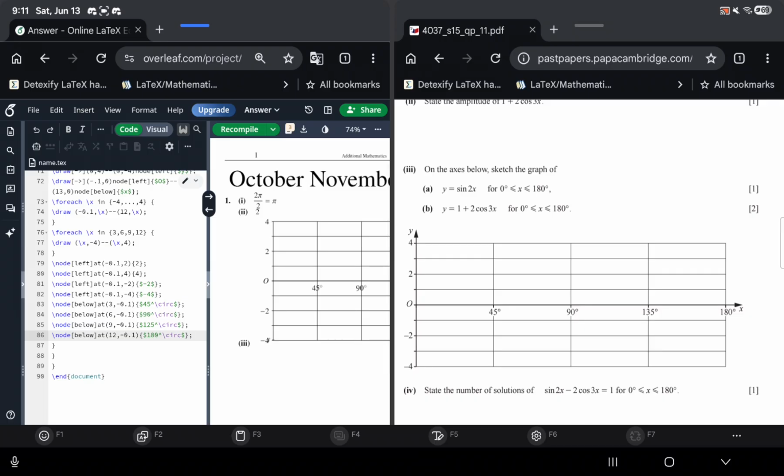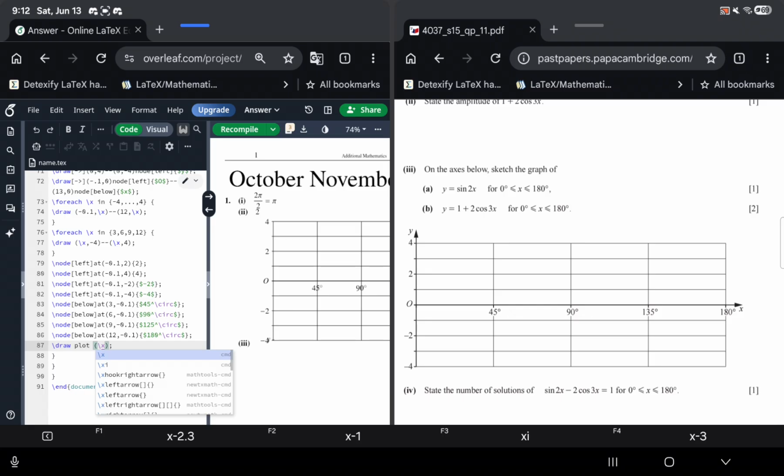Nice. Now we need to plot these two functions from 0 to 180, and I guess I will use the plot function. What do you mean, I guess? Draw plot now. This is x, and this next one will be the input.